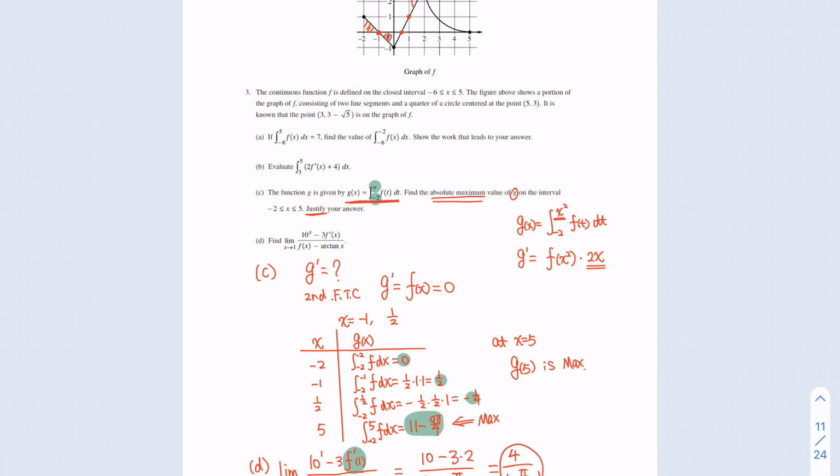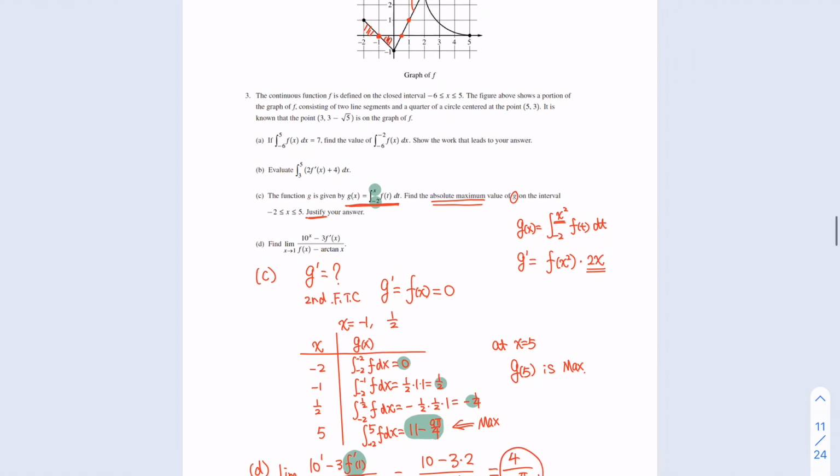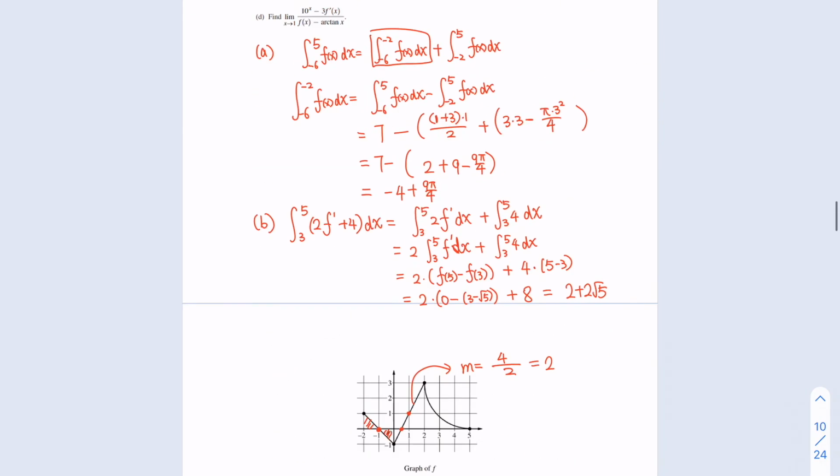Let me put all the solutions together and let's see how they grade it. I look at the rubric. Part A: using the property, 1 point; the area, 1 point; and the final answer, 1 point.